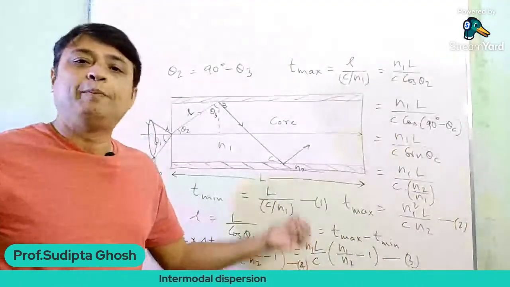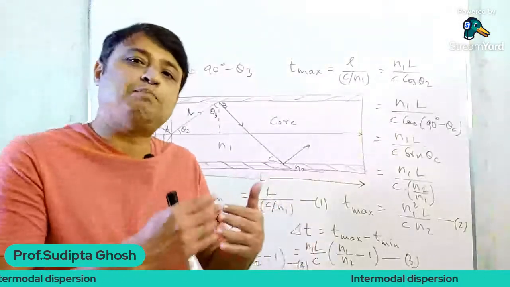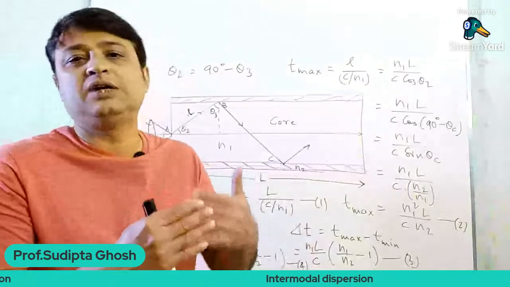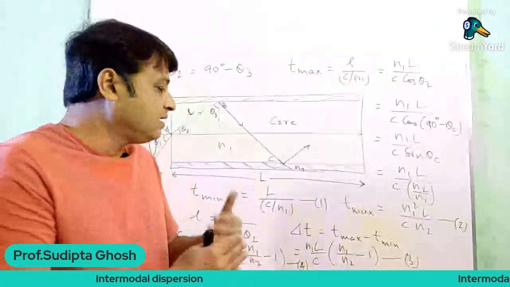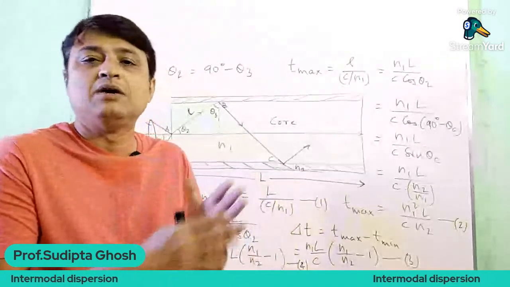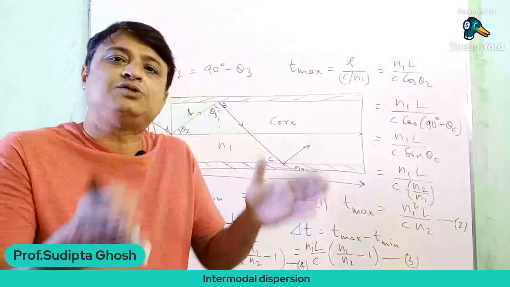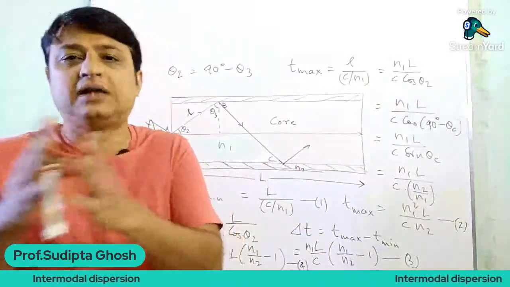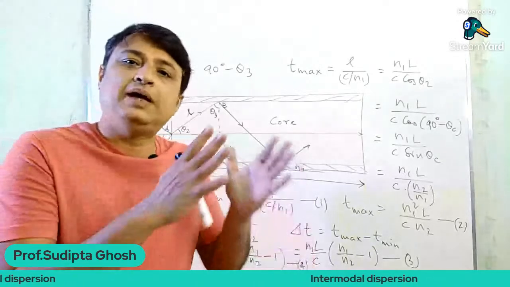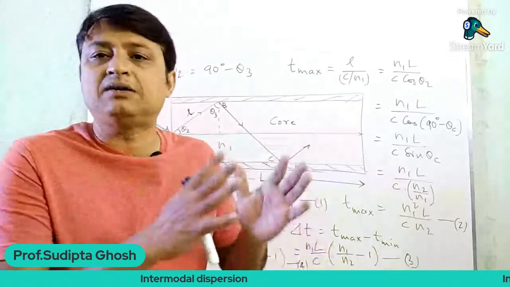If you go beyond the derived value of delta t and make consecutive pulses so close to each other, then due to intermodal dispersion these pulses overlap each other, and at the receiving end the receiver may not read the information sent by the transmitter.